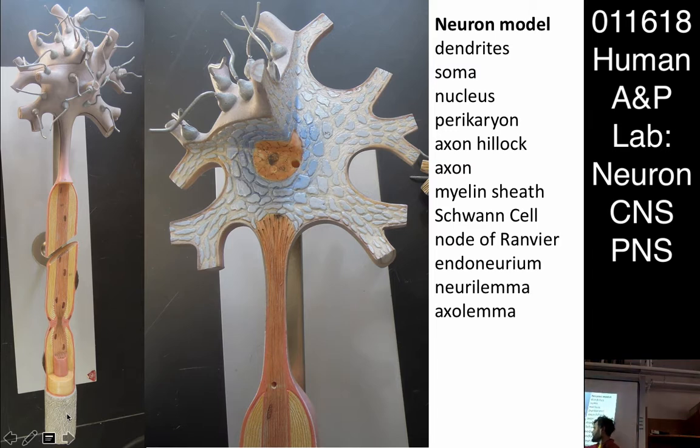Axolemma is the excitable membrane along the axon. So on this model, any of this pink would be neurolemma, and this would be axolemma.